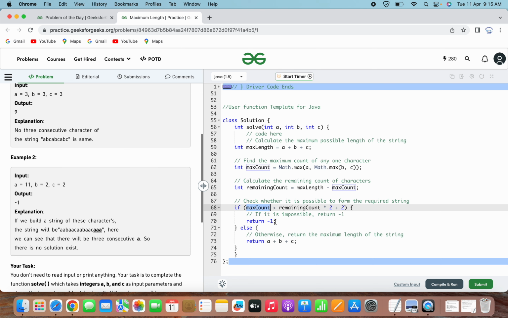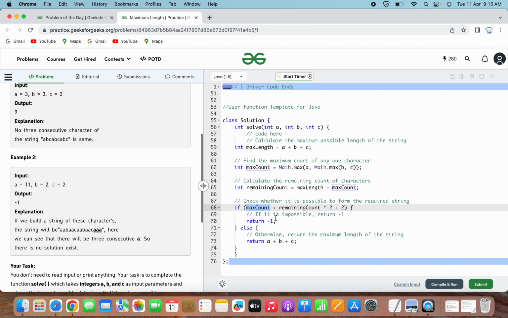This condition ensures that there are enough remaining characters to prevent any three characters from being the same. If this condition is true, that means the maximum count is greater than this, then it is impossible to form the string. In that case we return -1, indicating that it is impossible to form the required string.